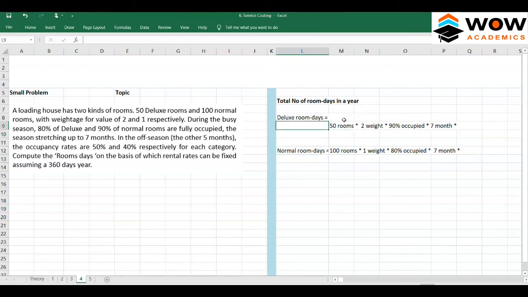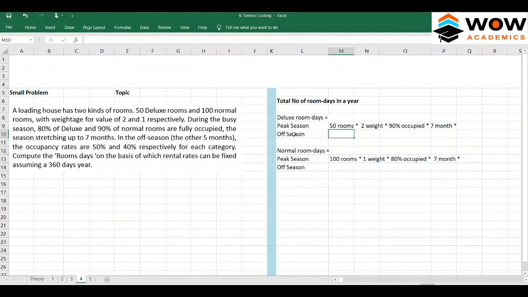So we have to put it as deluxe room, peak season, and off season. This you can copy and do for the normal rooms also.